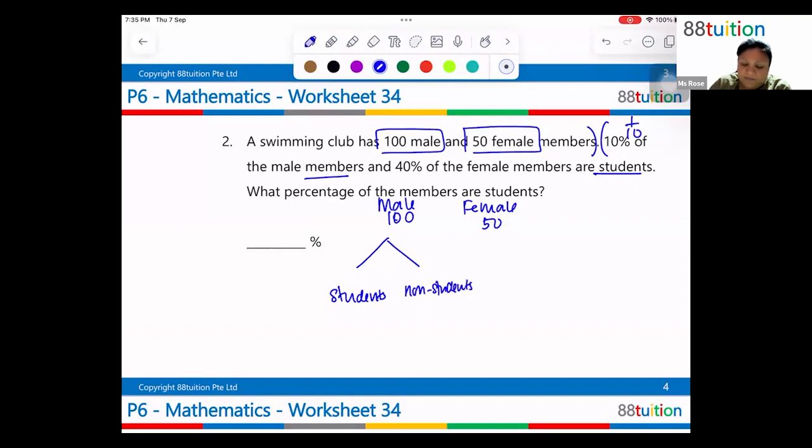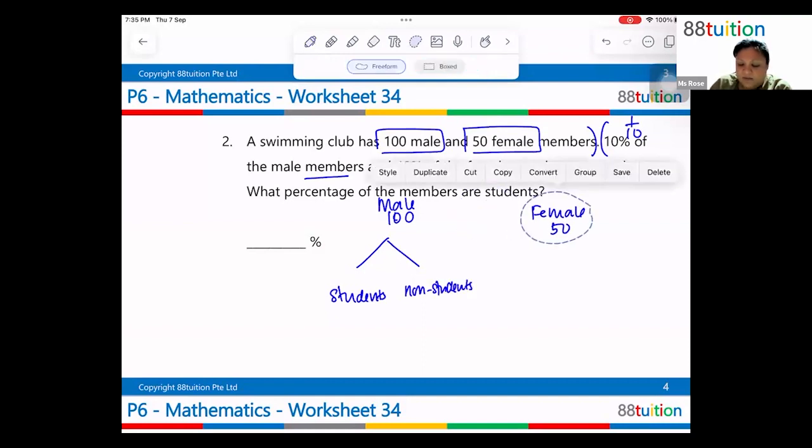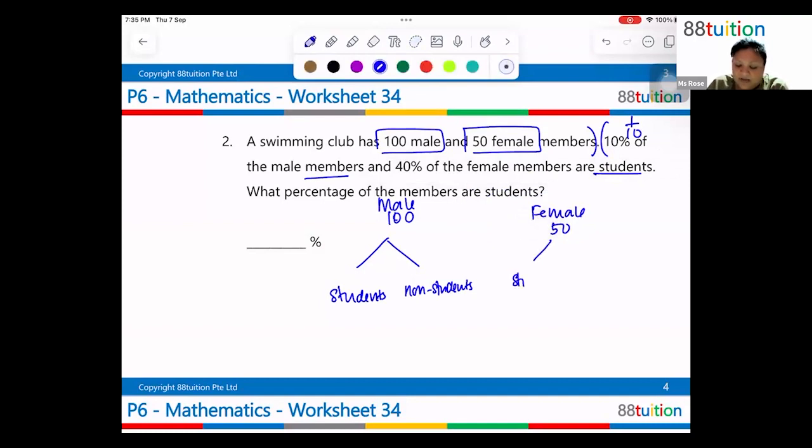Similarly, for the female, we also have students and non-students. Now, 1/10 of the male are students, so that's 1/10 of 100 to give me 10. And 2 out of 5 of the female, so that's 2 over 5 times 50 to give me 20.